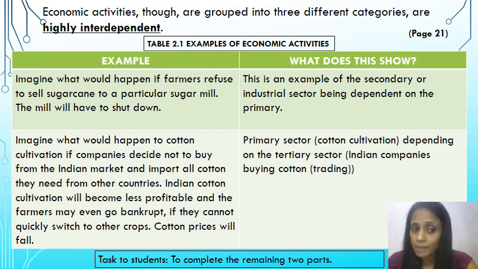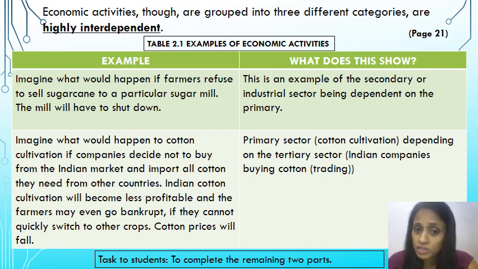See the second example. Imagine what would happen to cotton cultivation if companies decide not to buy from the Indian market and import all the cotton they need from other countries. Indian cotton cultivation will become less profitable and the farmers may even go bankrupt if they cannot quickly switch to other crops. Cotton prices will fall. What does this show?